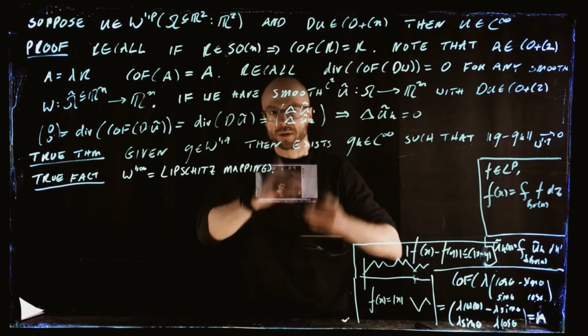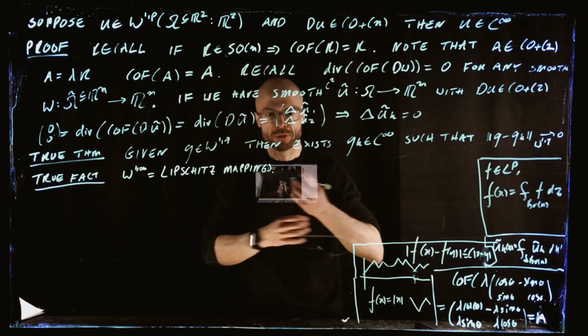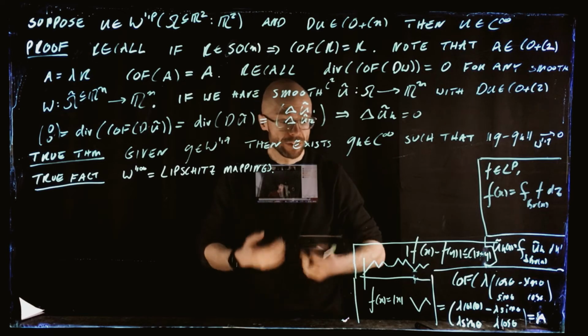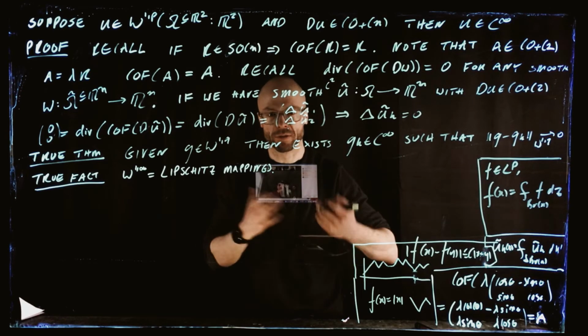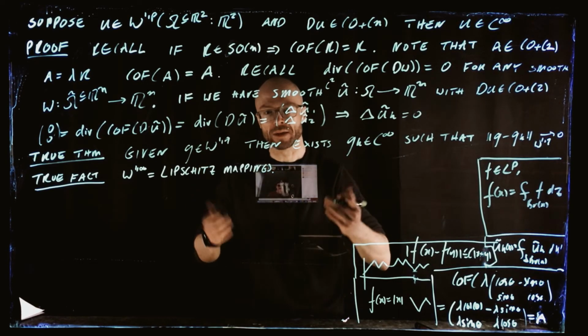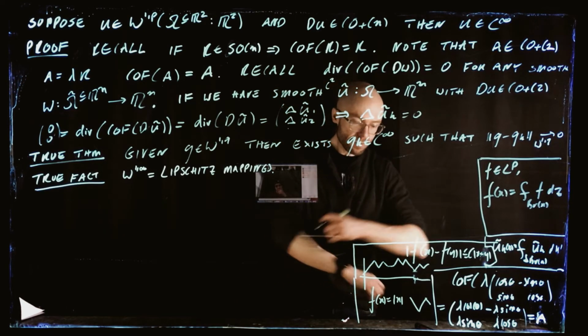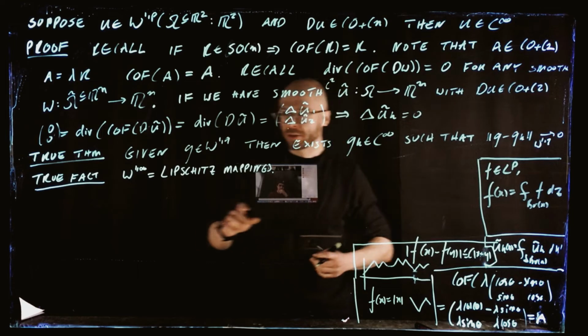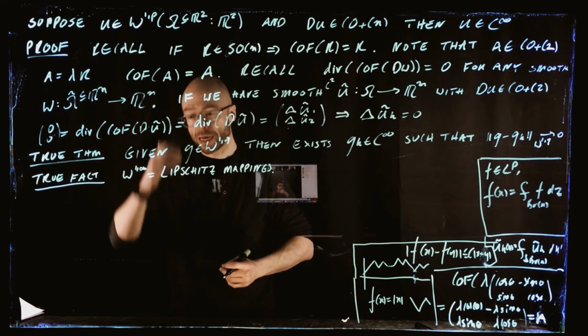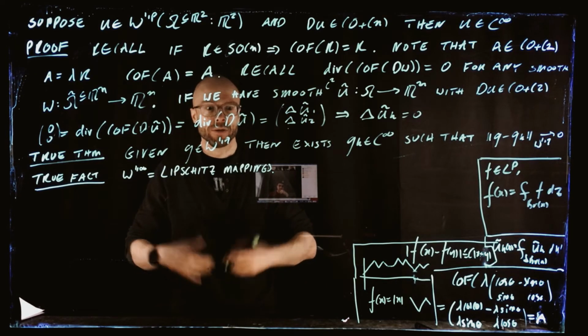So Lipschitz functions don't have derivatives everywhere, but they do have derivatives almost everywhere, which is a very nice theorem from way back in the day, Rademacher's theorem. So if you are not feeling too happy with this notion of Sobolev mappings, you can take the special case.